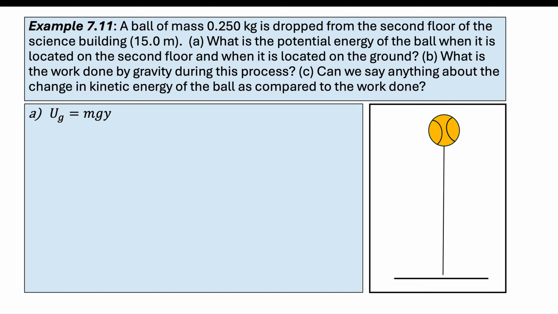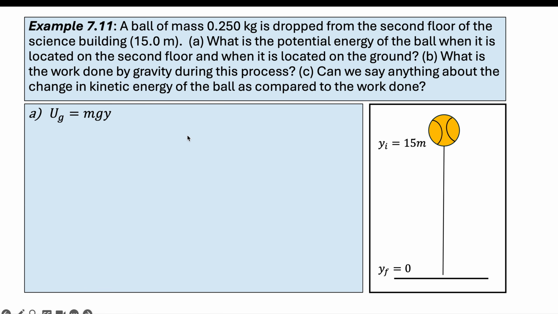So the first thing we have to do is choose our reference point for our potential energy. And so we might as well choose the bottom or the lowest point to be our 0 value for y, which means that we are starting off 15 meters above the ground, which is 0.